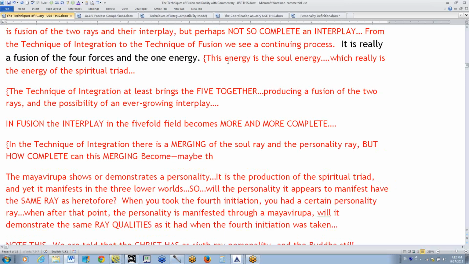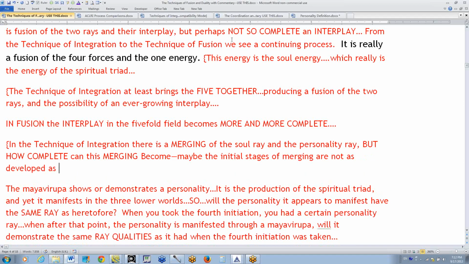And maybe the initial stages of merging are not as developed as some final stages of merging. So maybe simply the merging of the soul and personality ray is not the ultimate state.